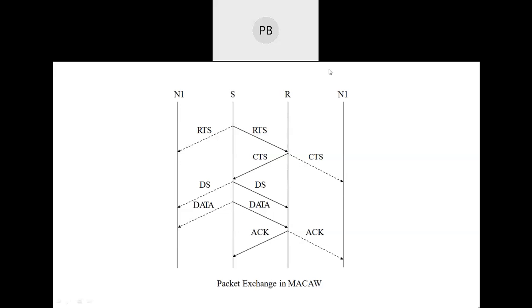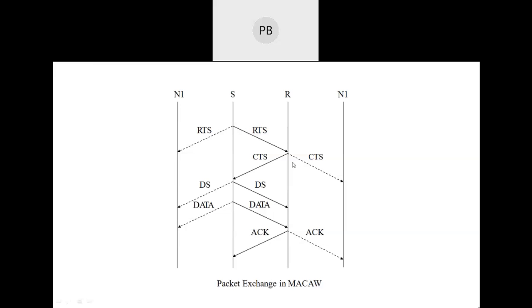Once N1 receives the CTS, it means that it has not sent any RTS request to anyone till now. And if it had sent an RTS request but the CTS is not against that RTS request, it is not going to entertain the request.